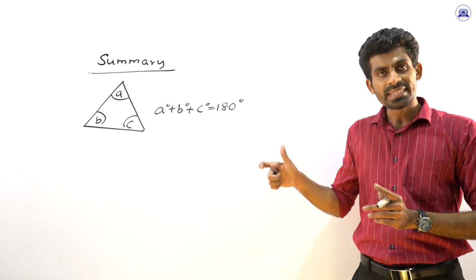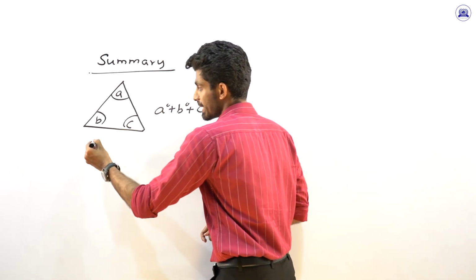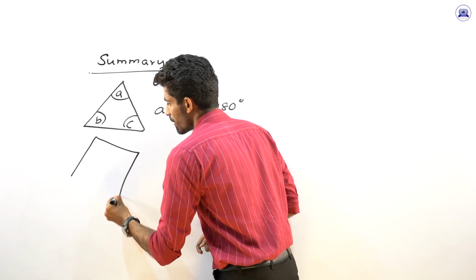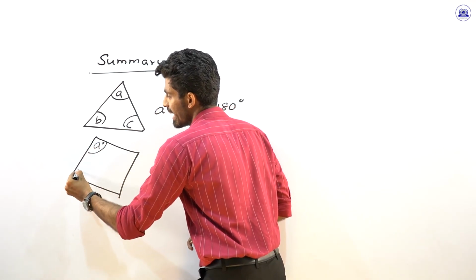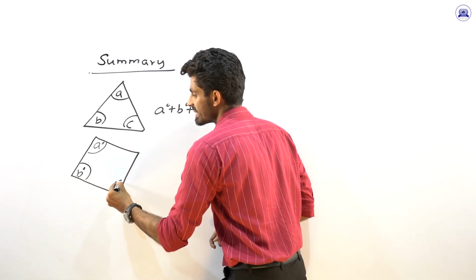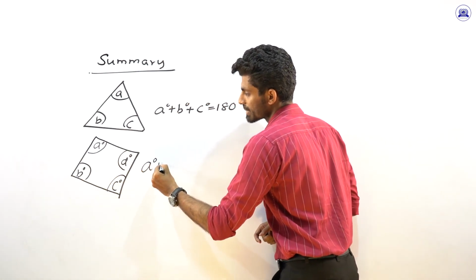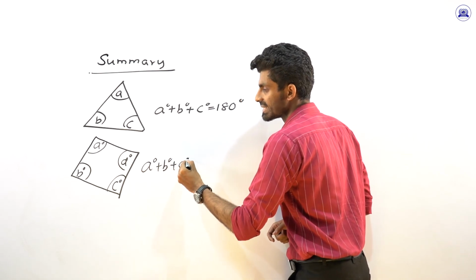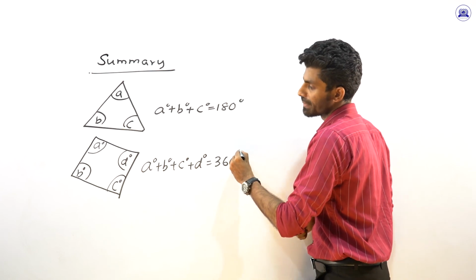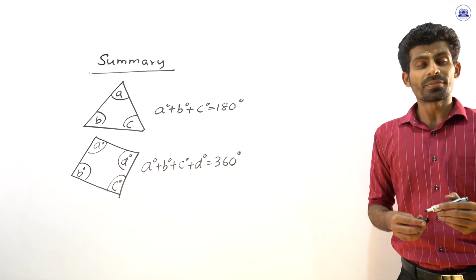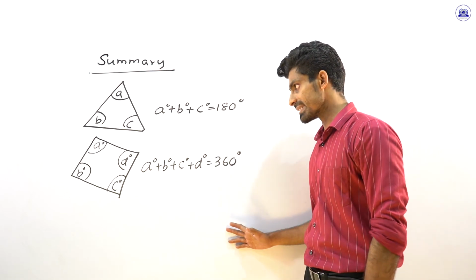And the second one: the sum of the interior angles of a quadrilateral A, B, C, D, A plus B plus C plus D, equals 360.